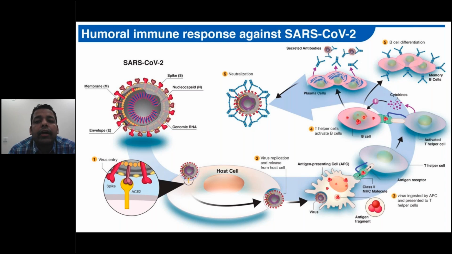Now, these memory cells, when released in the circulation, identify some survival niches in the bone marrow where they remain dormant. Whenever the body is exposed to this virus again, these memory B cells would immediately be able to respond in the form of formation of antibodies.